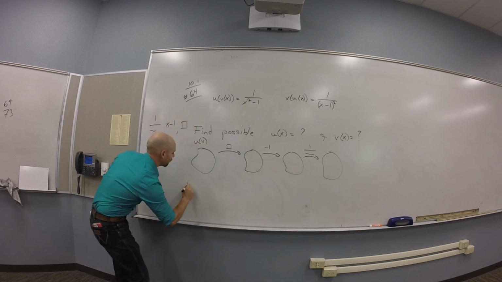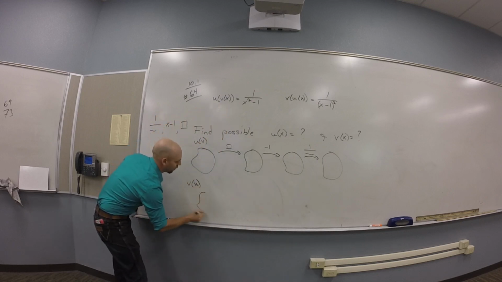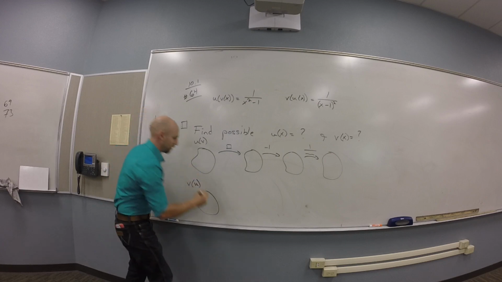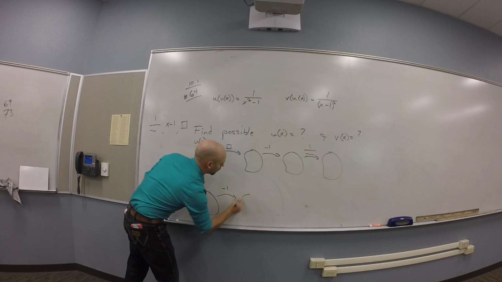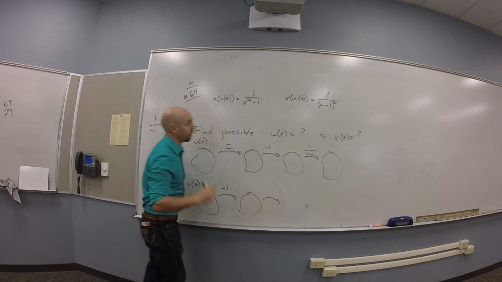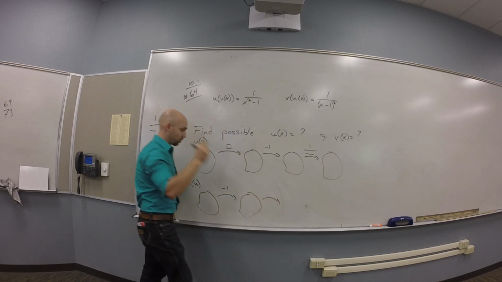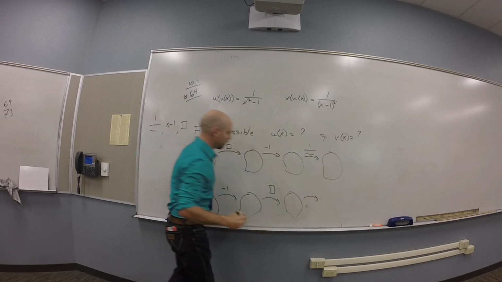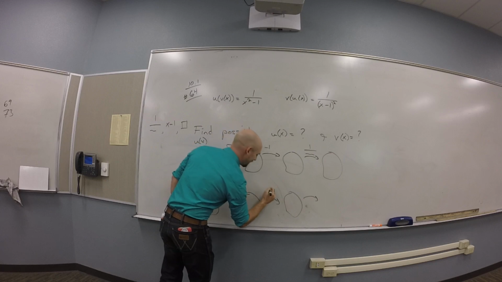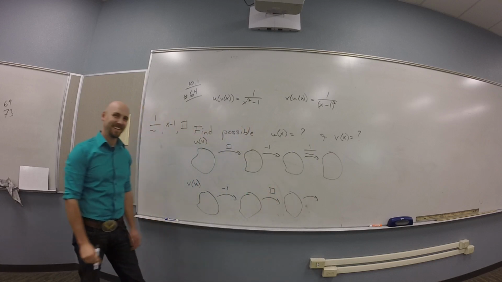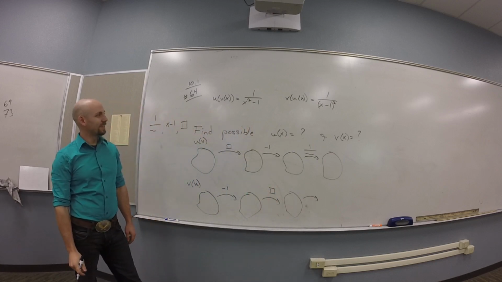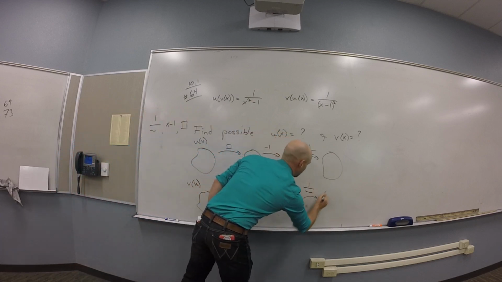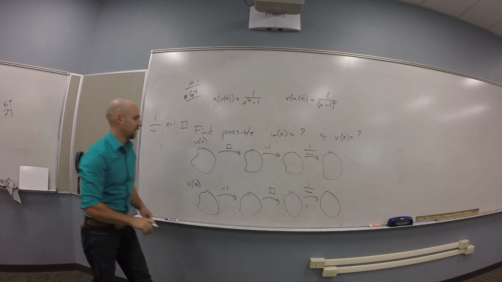So for the other one, if I do v first and then u, what do you do first? Subtract 1. Then you square. And then the last step is you take 1 over the stuff, you put it as its reciprocal.